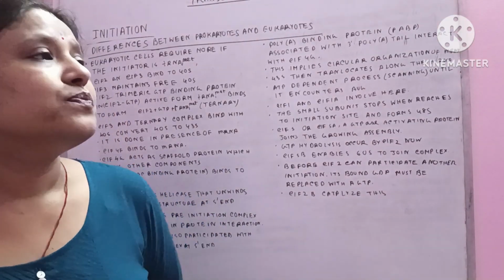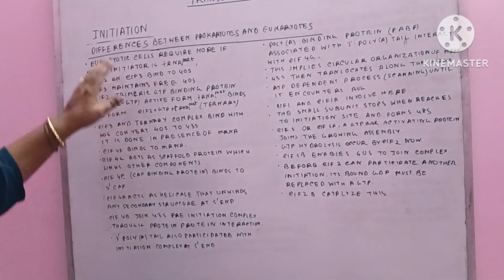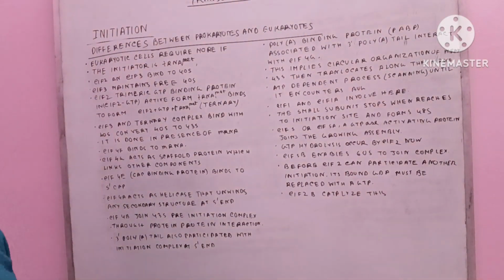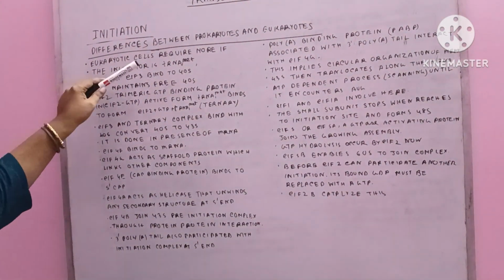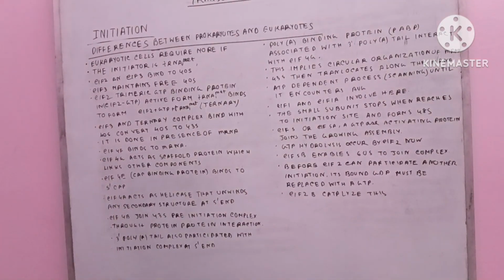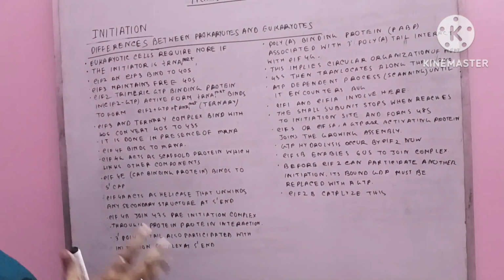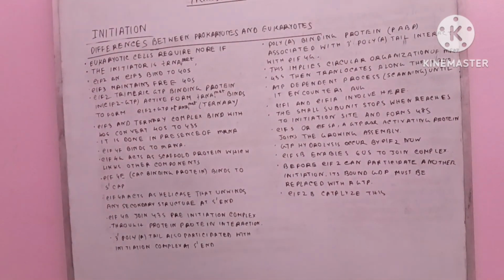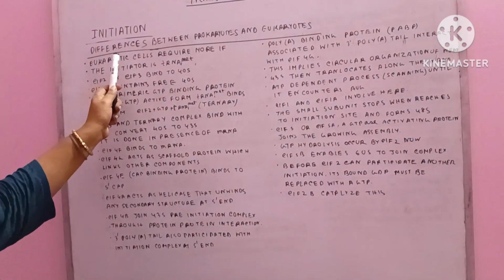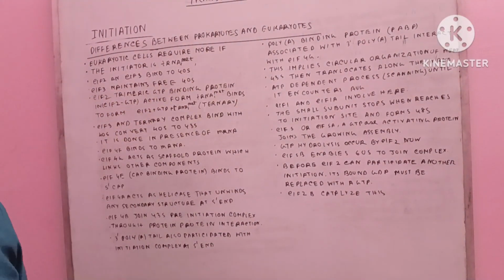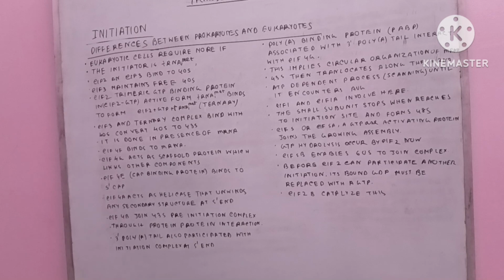In the initiation of eukaryotes, the main process is the same, but some things are changing. Eukaryotic cells require more IFs, meaning initiation factors.